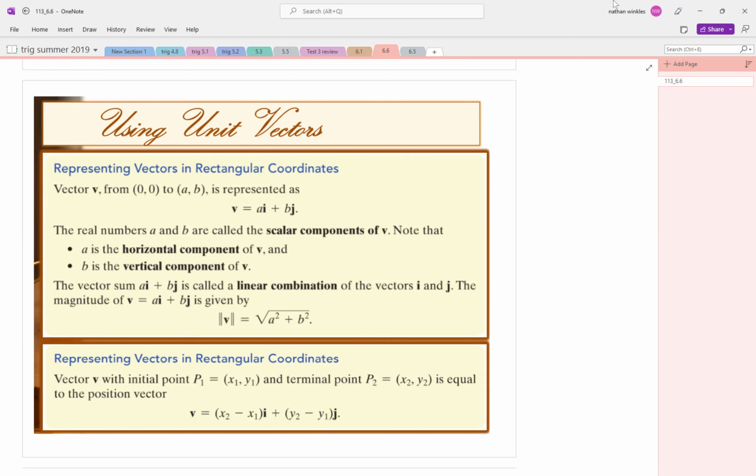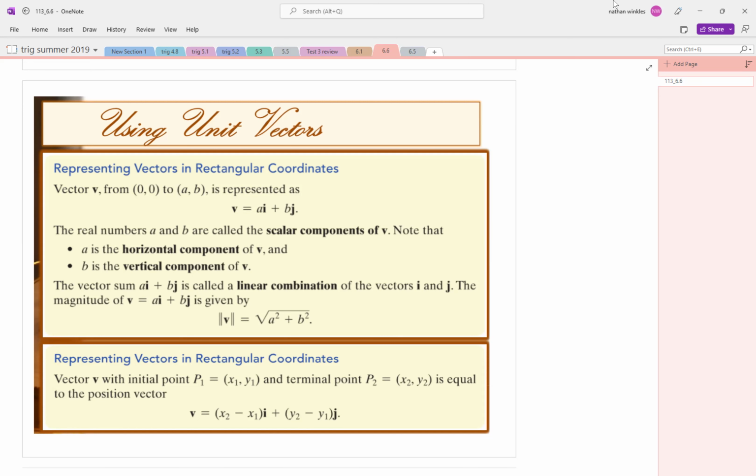So the reason that we know that that was a linear combination way back up there, ai plus bj from 0, 0 to a, b, is the following. Vector V with initial point P1 equal to x1, y1, and terminal point P2 equal to x2, y2, is equal to the position vector given by V equals x2 minus x1 times i plus y2 minus y1 times j.